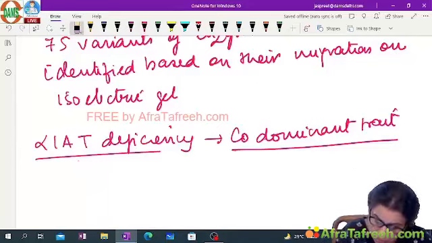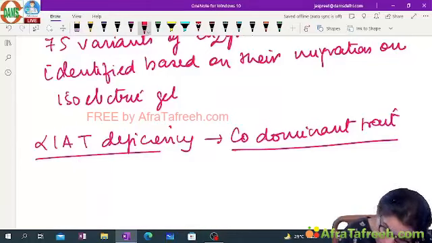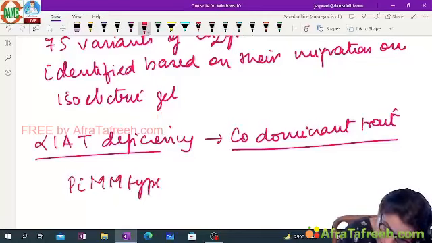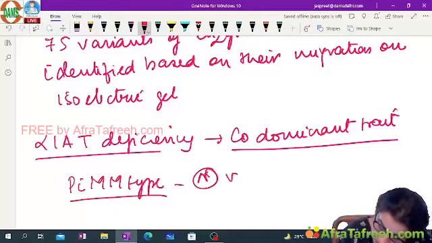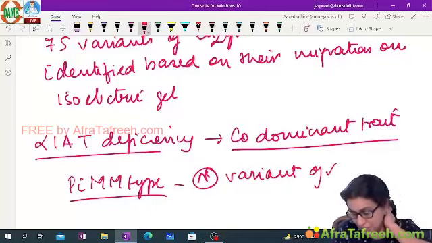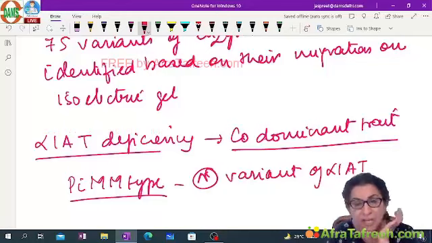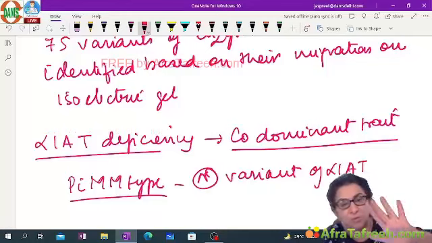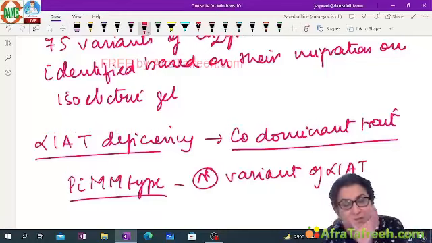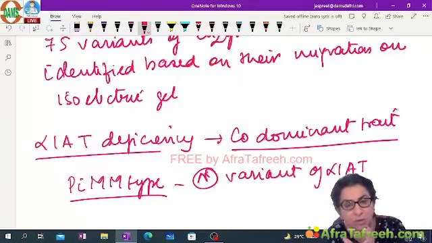Normally, we all have something called the PiMM type. PiMM type is the normal variant of alpha-1 antitrypsin, based on its migration on isoelectric gel. It is found in most people. This PiMM type produces the normal enzyme.